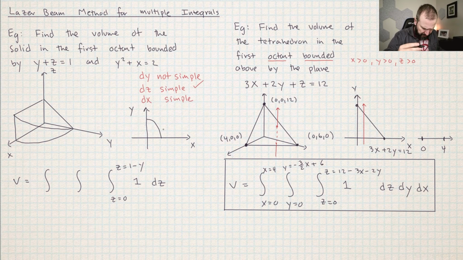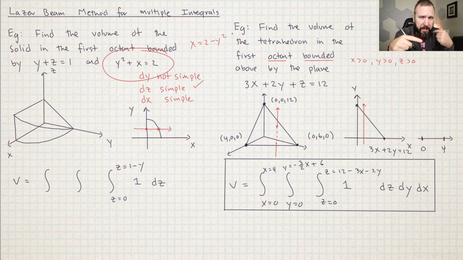I actually think it doesn't matter here. If I do a beam parallel to the x-axis, then I will enter here at 0 and exit at this parabola. When I look at the function and imagine solving it for x or for y, I don't think it really matters, but if I solve this for x, I get 2 minus y squared. Remember, at the end of this you're going to have to calculate antiderivatives.